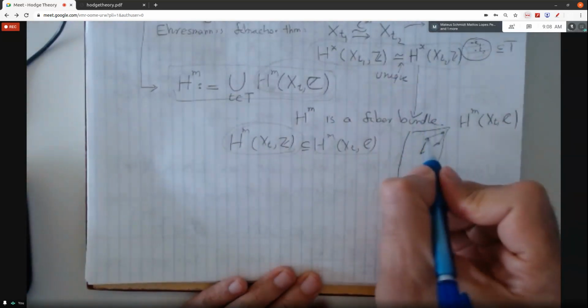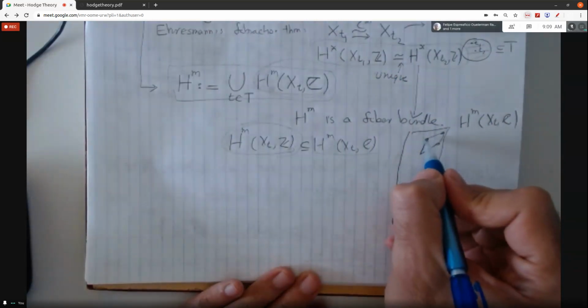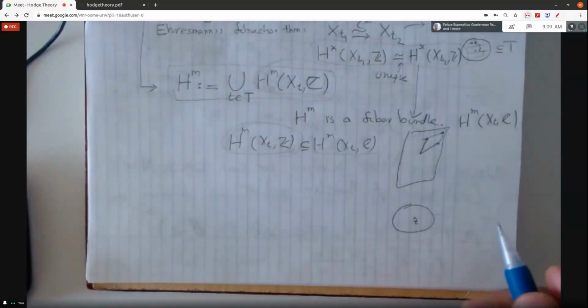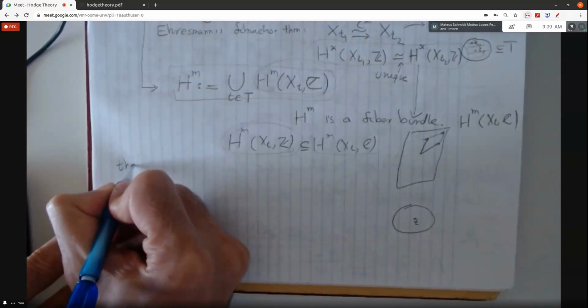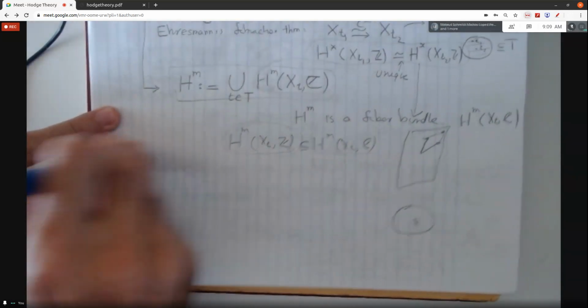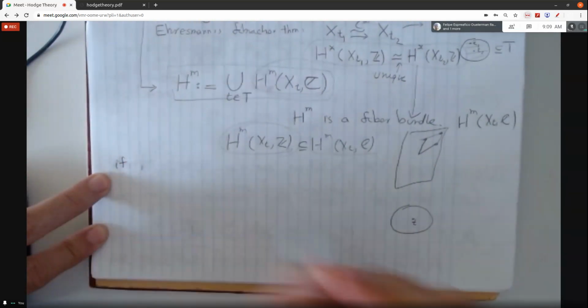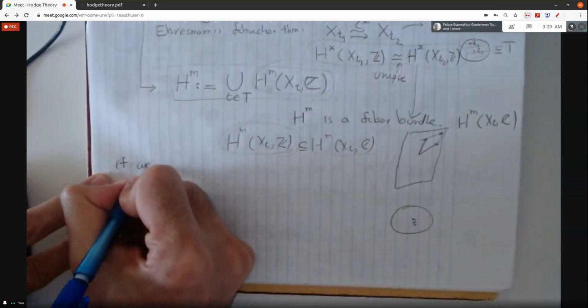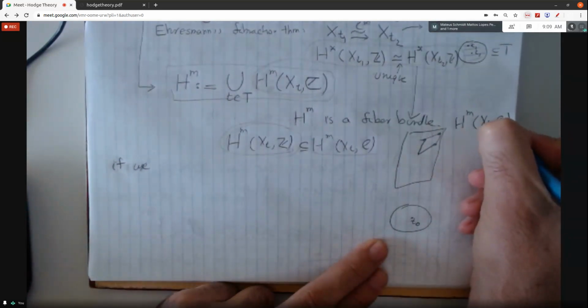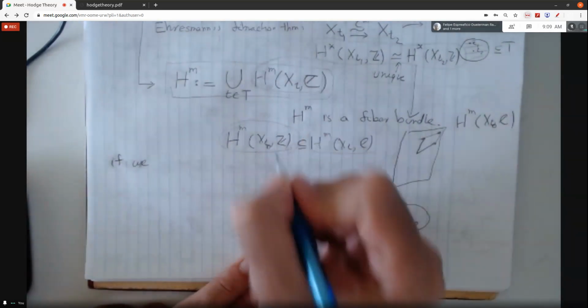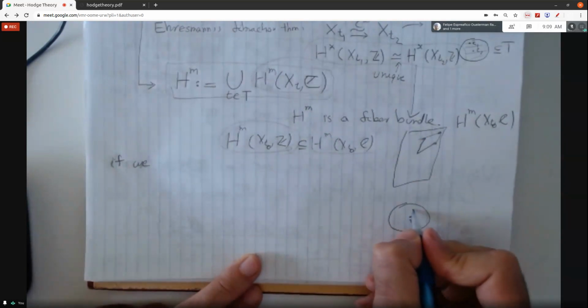This means that, let's put t0 for a base point, because I use t for an arbitrary point.